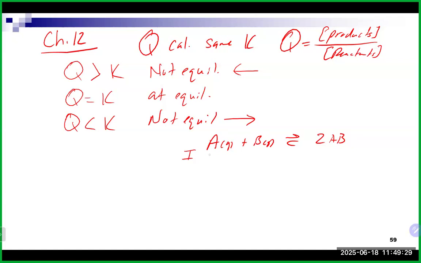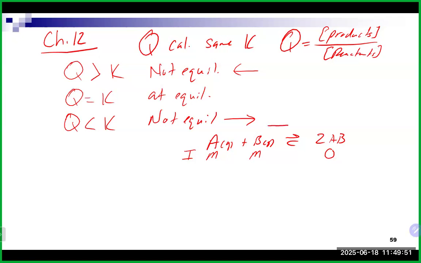We take our initial, for example, of A and our initial of B. If there is nothing mentioned about the product, it is safe to assume that it is 0 to start with. That also helps you for the change part, since you really have no products there to begin with in this situation.